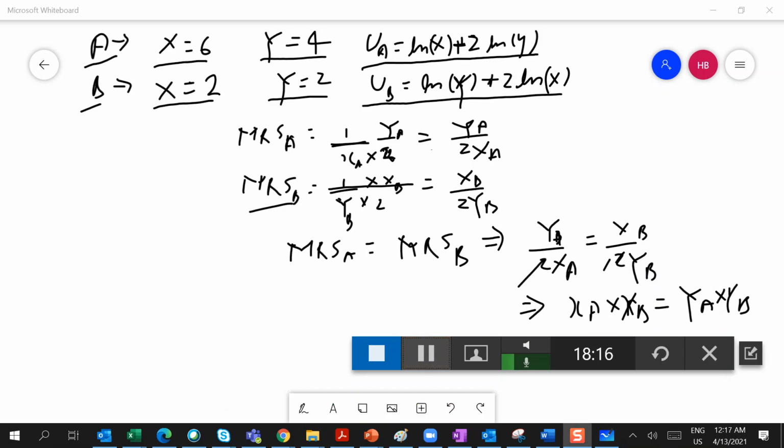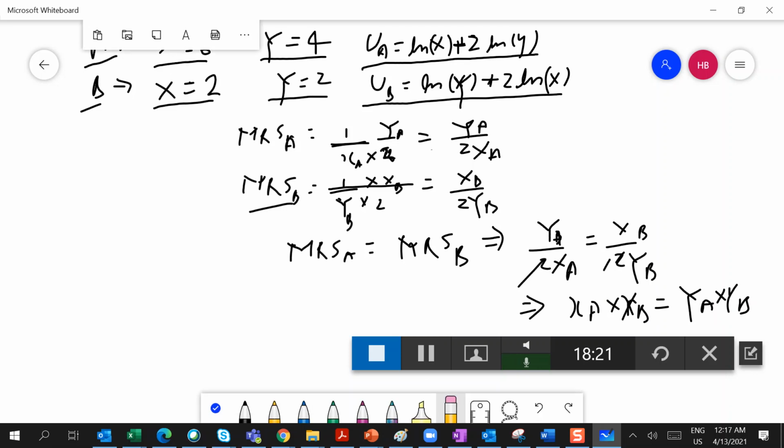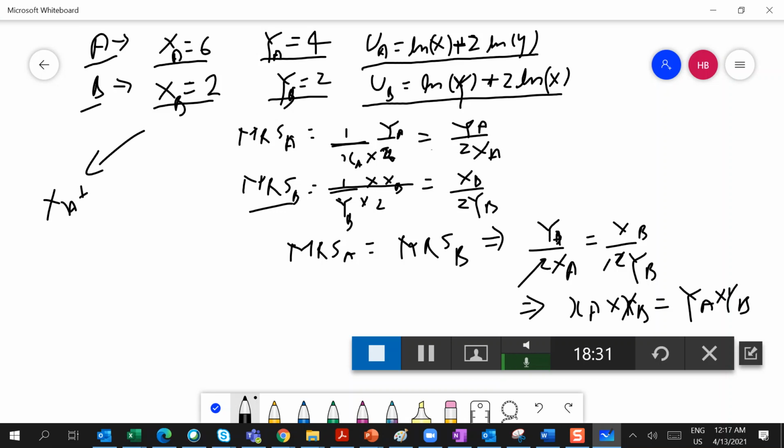Now we have XA and YA, XB and YB. We know XA plus XB is nothing but 8 and YA plus YB is nothing but 6, which is 4 plus 2.